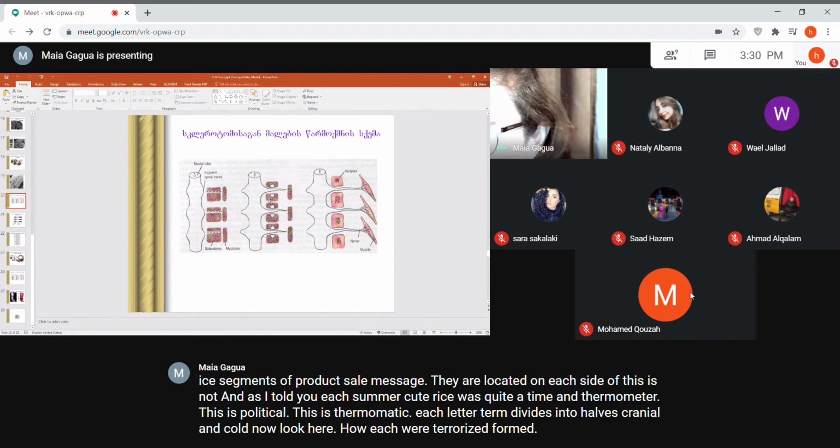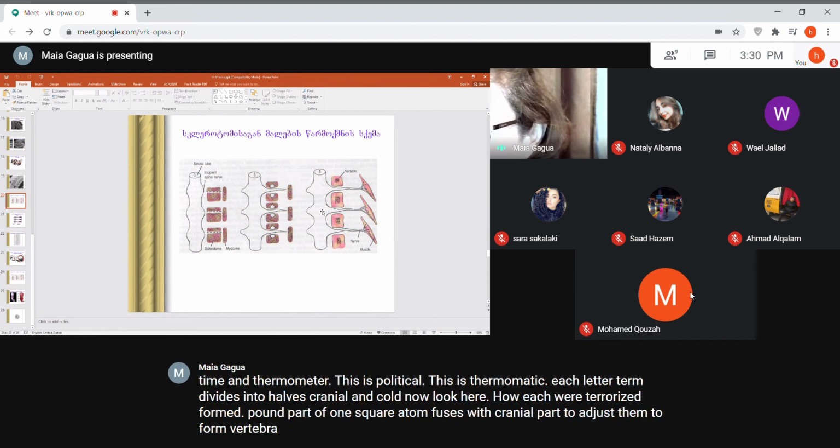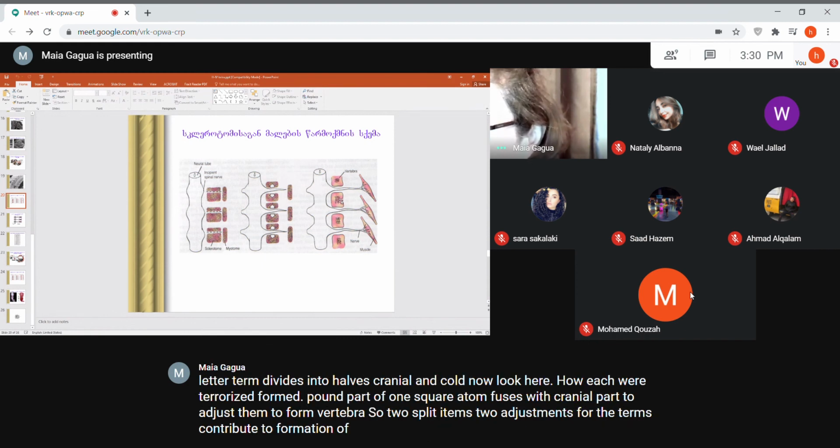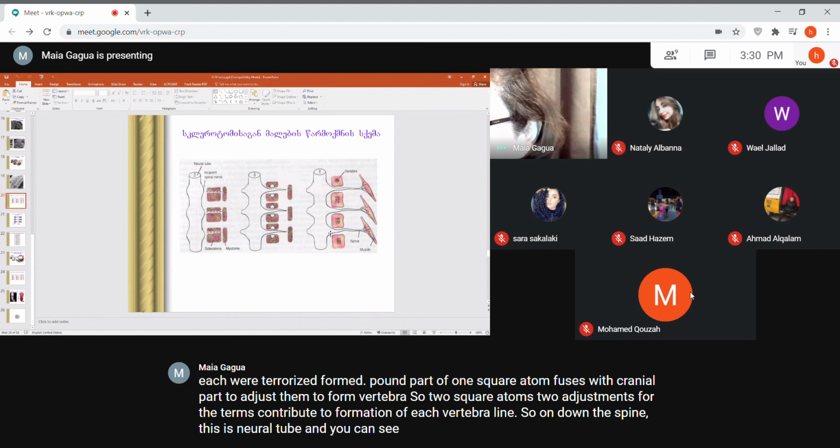Caudal part of one sclerotome fuses with cranial part of adjacent sclerotome to form vertebra. So, two adjacent sclerotomes contribute to formation of each vertebra and so on down the spine. This is neural tube and you can see nerves, they exist between vertebrae.